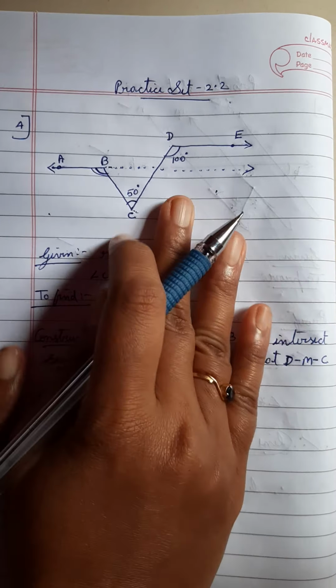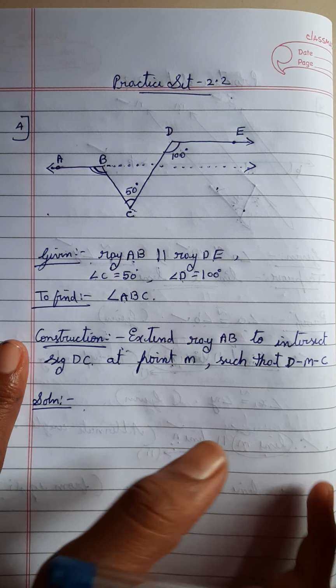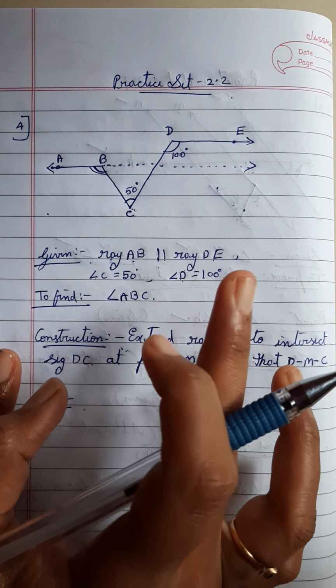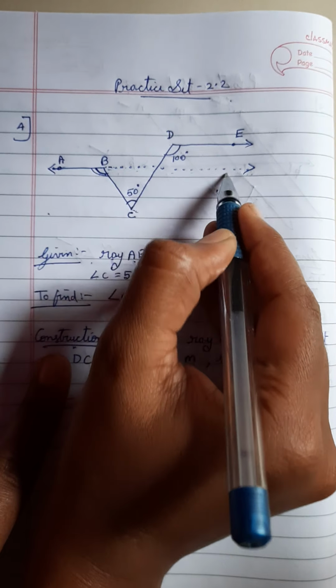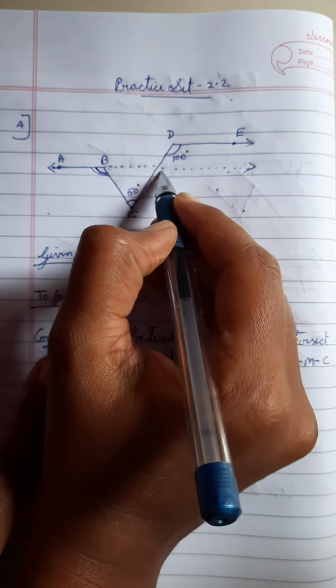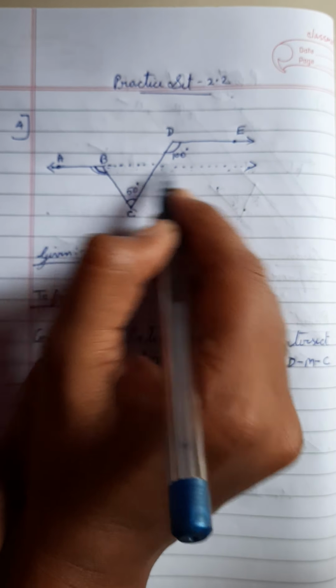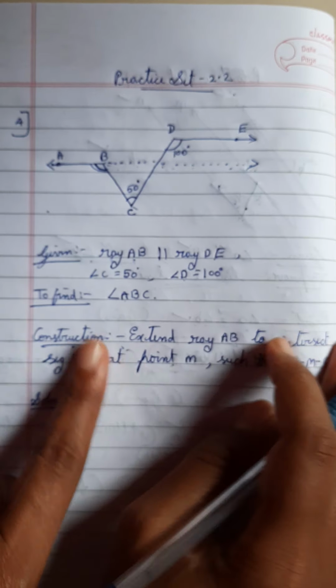Now we can't solve this directly, so we have to make an extra fitting, that is construction. Whatever dotted line is shown here is not given in the figure. We are drawing this, that's why it is shown as a dotted line.